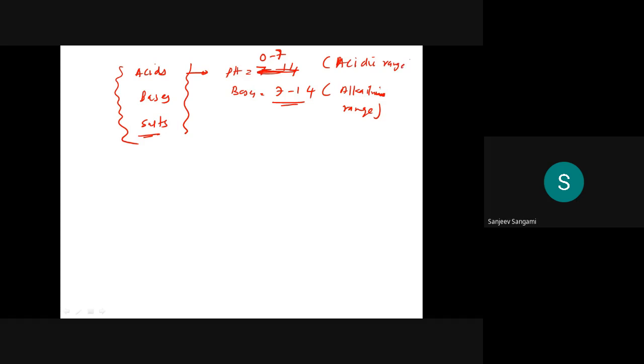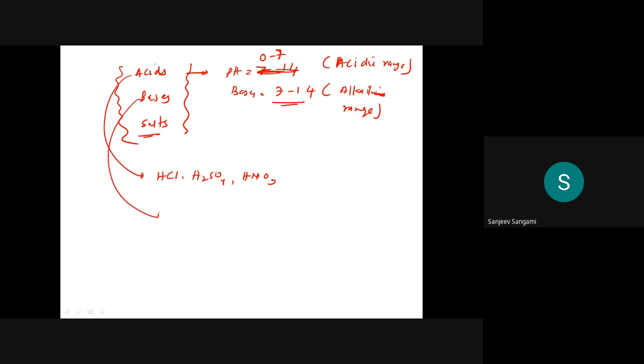Of course, we will discuss this in detail whenever we start with the pH experiment, and I will explain in detail how exactly the pH varies from one point to another. Some of the basic acids are HCl, hydrochloric acid, then H2SO4, then HNO3.